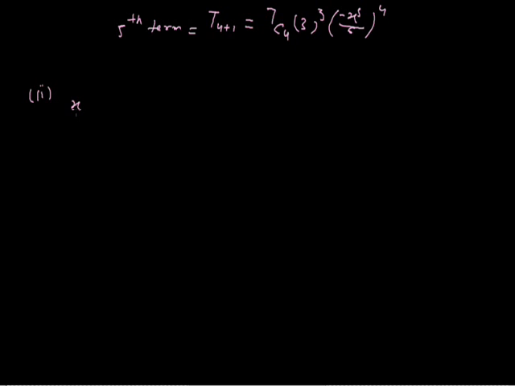find the middle term in the expansion of x by 3 plus 9y to the power 10. Now here n is equal to 10, which is even, so there is only one middle term.